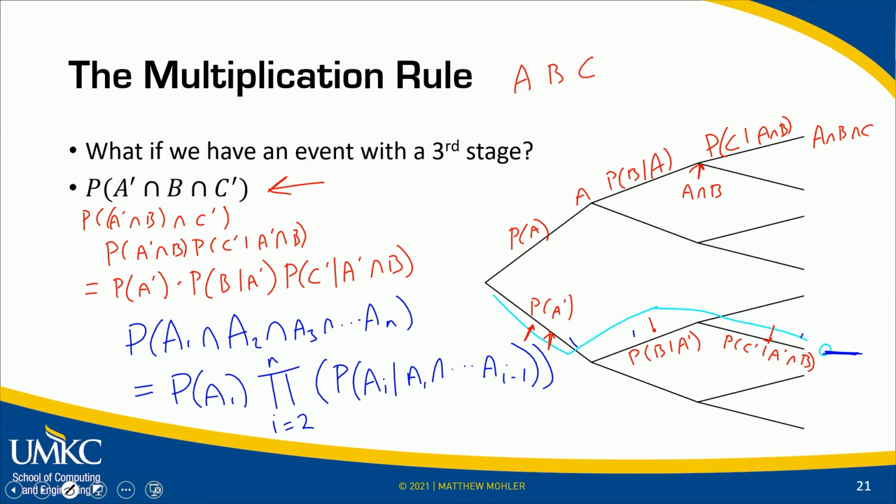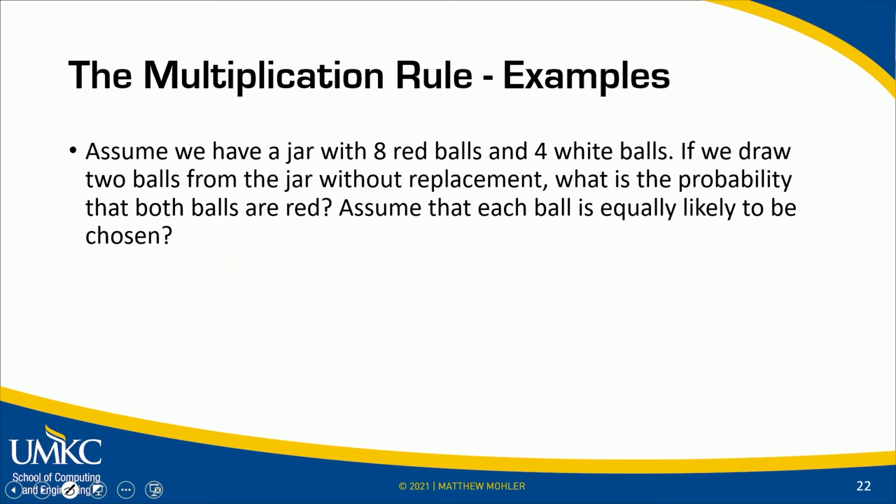Now, let's take this and look at it in a different practical example to make sure that we fully understand the concept. Let's assume that we have a jar that has 8 red balls and 4 white balls. If we draw 2 balls from this jar without replacement, so we're not putting the first one back in, what is the probability that both of the balls that we pick out are red?